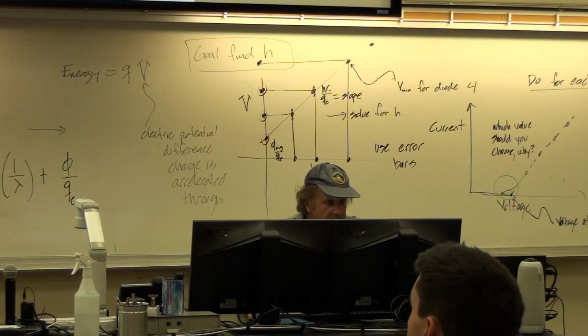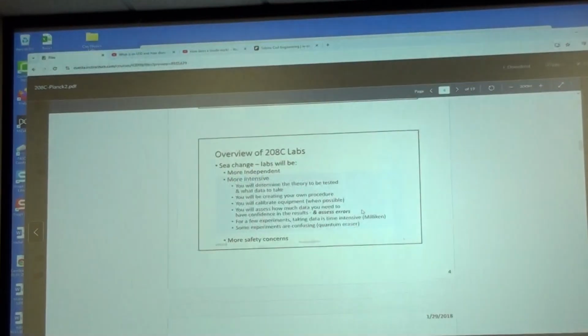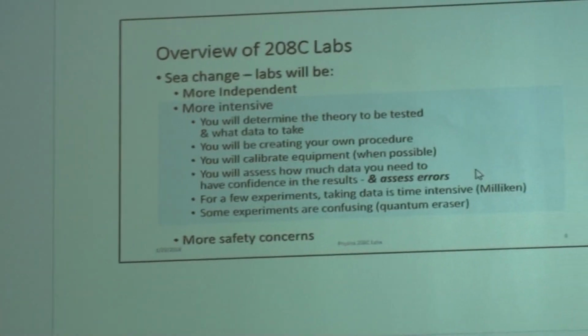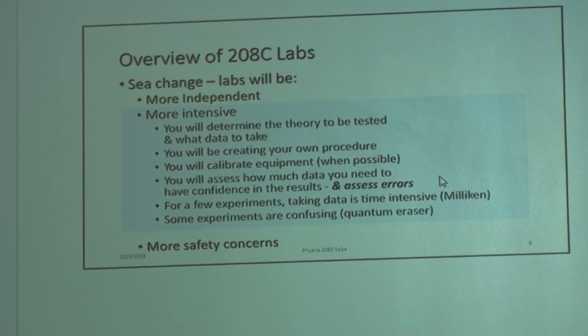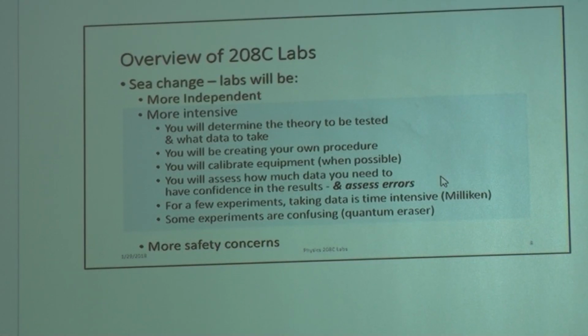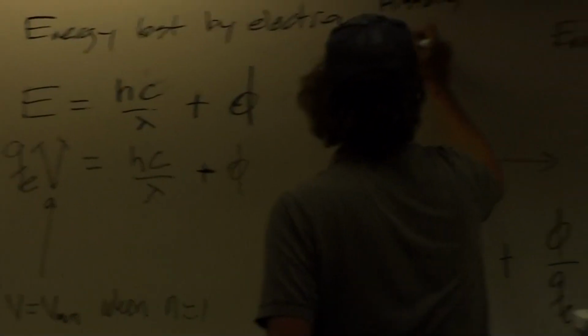And so the lab write-ups will be more intensive in terms of things that I'd like to include. Here, let me just pull out a sample lab. It'd be nice to have a brief history of the subject. Theory.